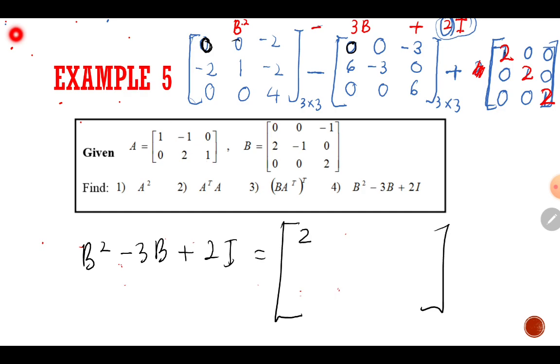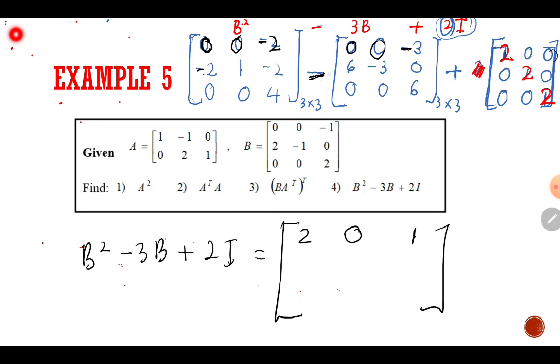And then, 0 here minus 0 plus 0. So we get 0. And then here, negative 2. Negative 2 minus 3, meaning negative 2 plus 3. So we get 1 plus 0. So we get 1 here. And then here we have negative 2 minus 6.